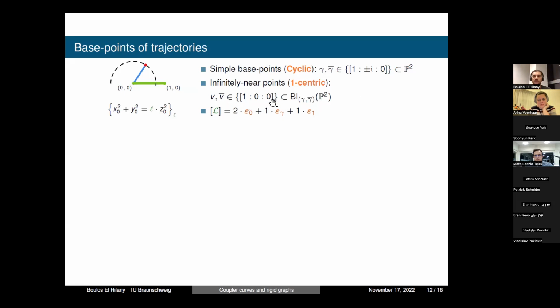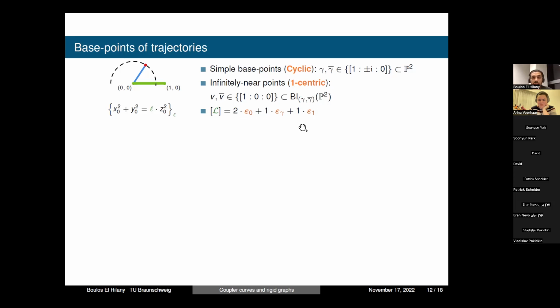These are called the infinitely near base points. And these are called the one-centric points.